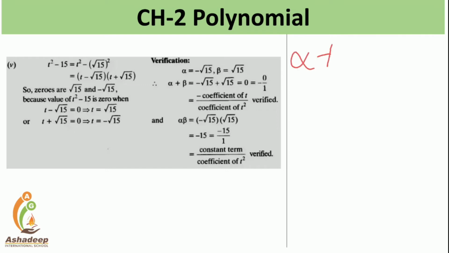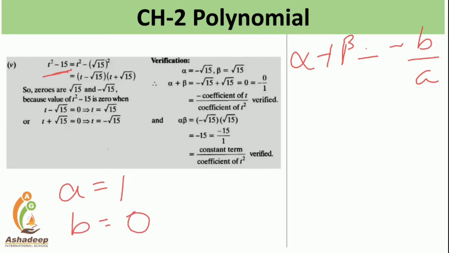So alpha plus beta is equal to minus b upon a. See here in this equation, do we have the value of b? No. What is the value of a? 1. What is the value of b? 0, because we don't have the term with t. So the value of b is 0. And what is the value of c?